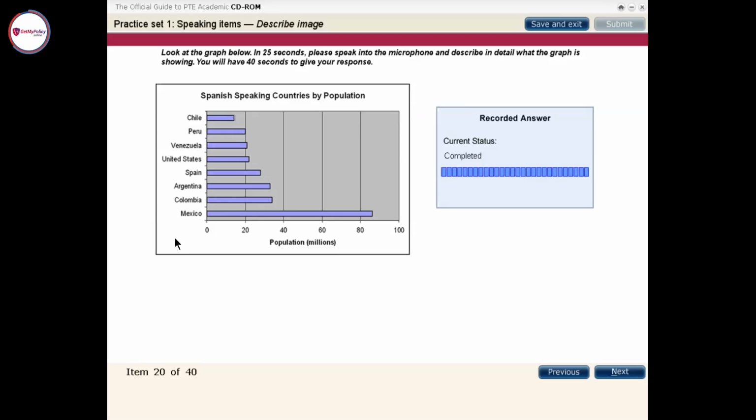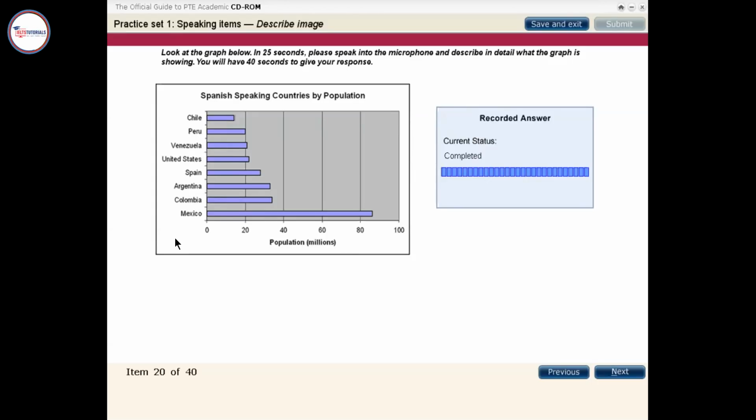I can see that Spain is having 23 million population that speaks Spanish, whereas Peru is 20 million. On the other hand, United States is having 20.5 million population, and Colombia is approximately 32. Gone. That's it. Finish.